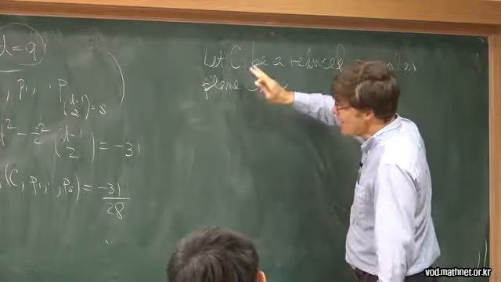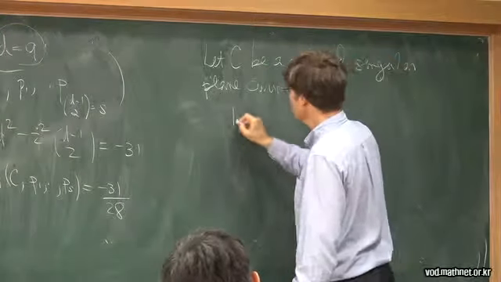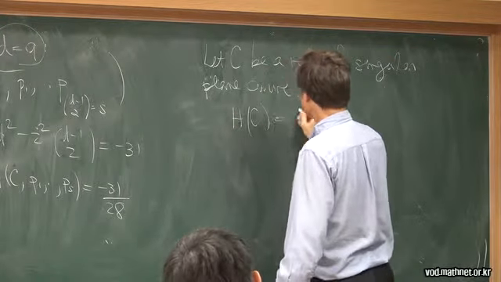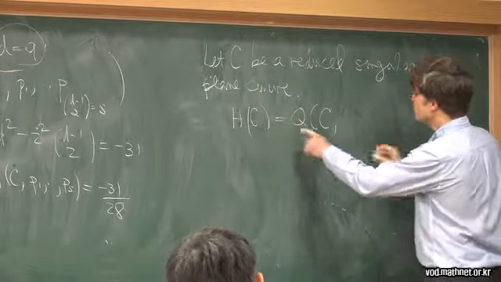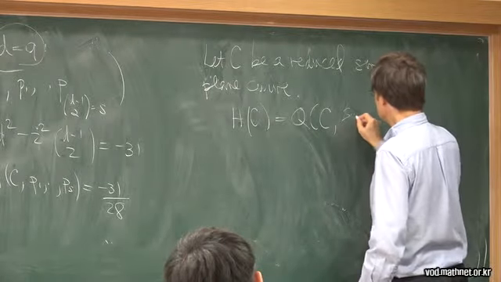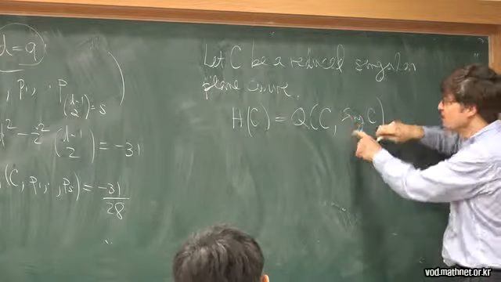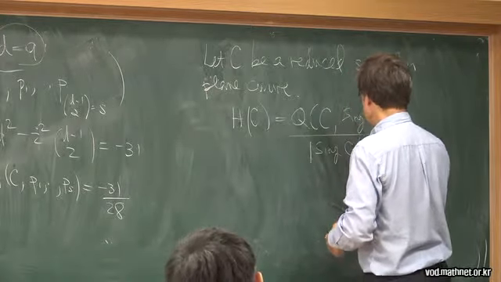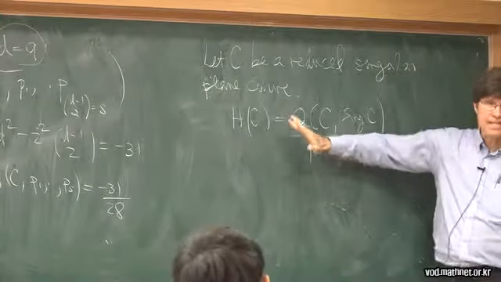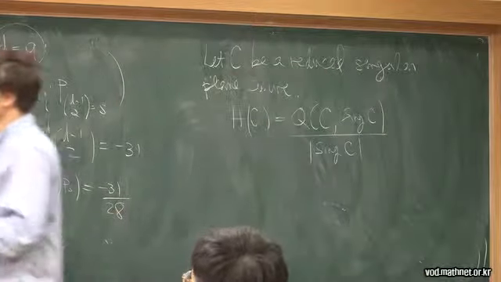So anyway, this is how I defined it. Let C be a reduced singular plane curve. H of C is going to be the curve where the points that I'm going to pick are the singular points of the curve. And so I'm going to divide by the number of singular points. So that's the H constant of the curve. And the question is, how negative can that be?